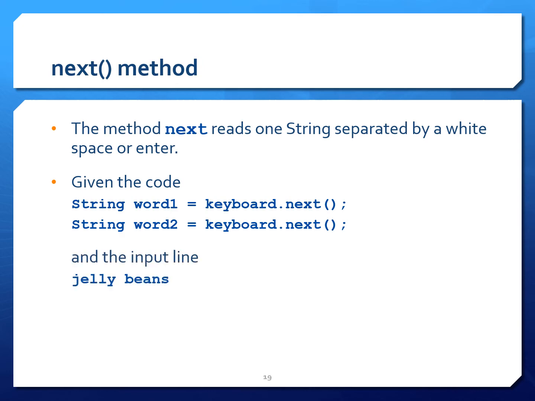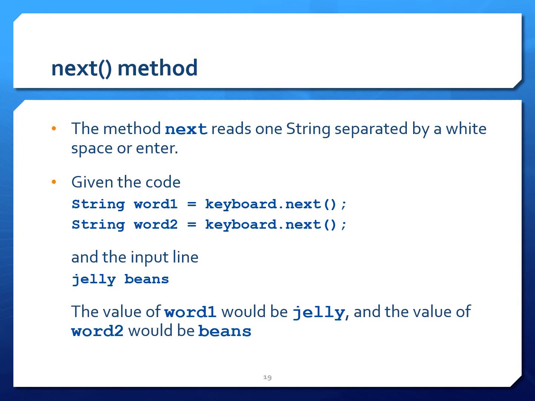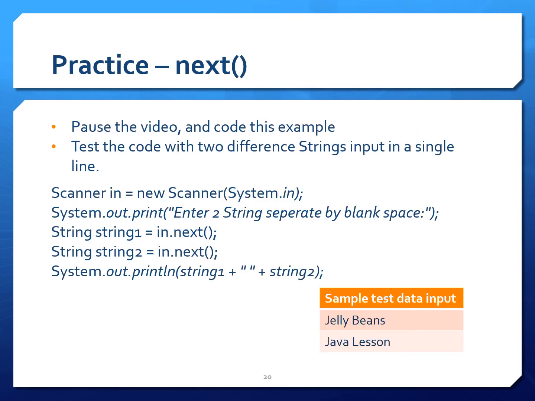Therefore, if we have the input line jelly beans, the value of word1 would be jelly, and the value of word2 would be beans. Practice time. Pause the video and code this example. Test the code with two different strings input in a single line.